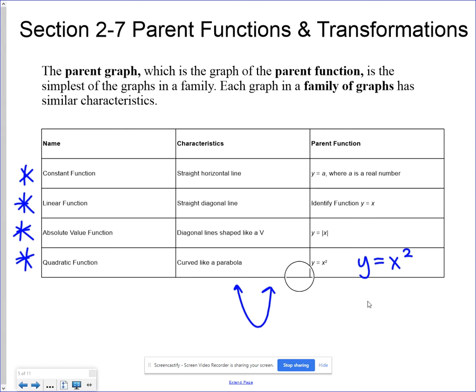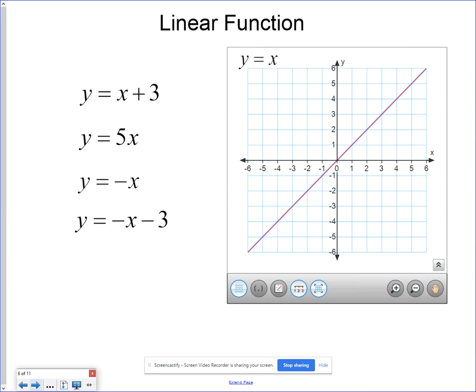All right, so let's see what happens when you add numbers to the parent equation. What happens to the graph? Look up here on the screen. This is the linear function family. We've got y equals x.